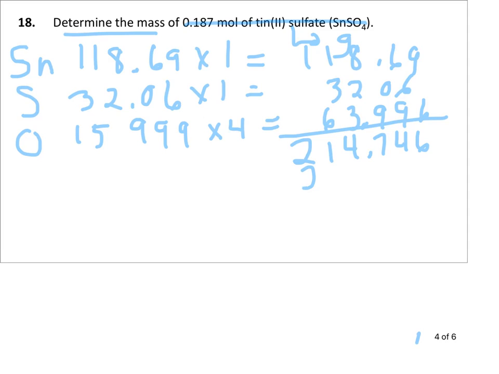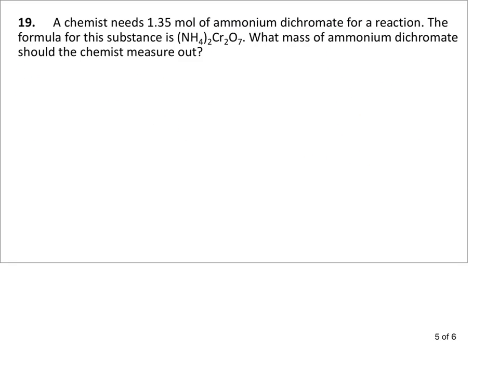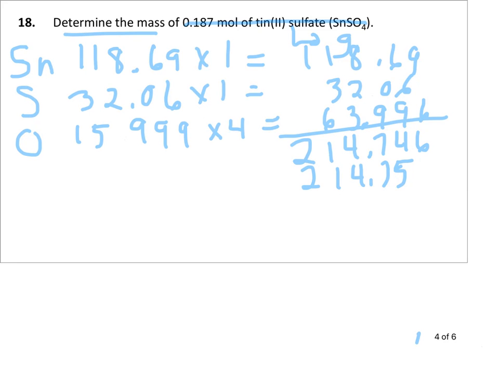I'll just round that to 214.75, as 2 of them only had 2 decimal places. Grams per mole. Oops, hit the wrong little button there.